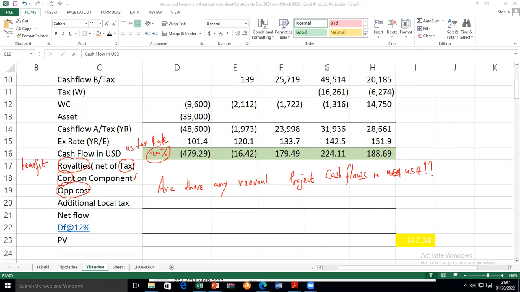Then, just as a matter of format, always it's good to put additional local tax. You can delete it, or if you left it, but 000 is still okay. So in our case, because we had already suffered tax at 40%, there was no more tax. There was nothing, no tax.